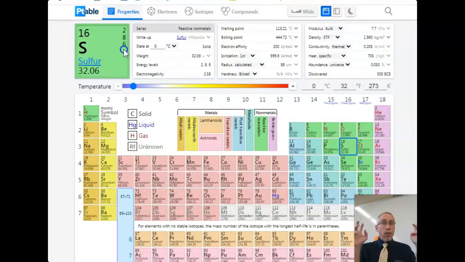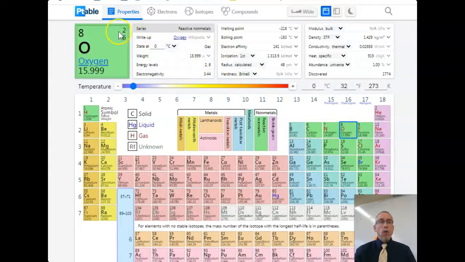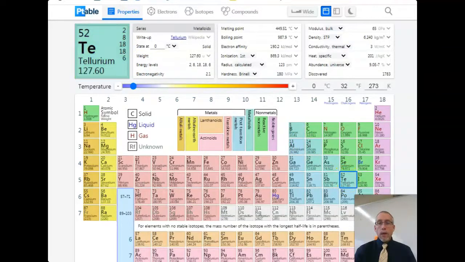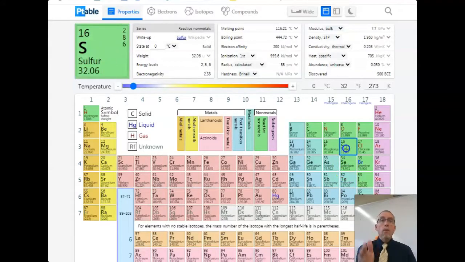So we call those the outer electrons. Well, it has 6, and if you look at oxygen just above it, it also has 6 in its outermost energy level. And right below it is selenium. It has 6. And every element in the 16th column has the same number of outer electrons. There's a nice little link there.